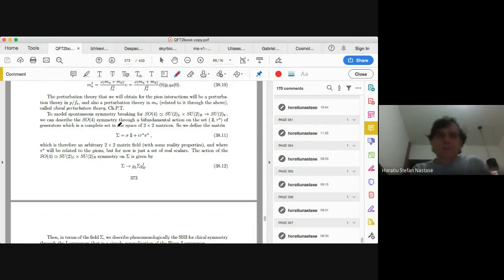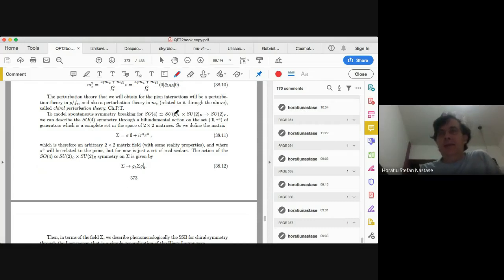Okay, so to model spontaneous symmetry breaking for this SU2 left cross SU2 right going into SU2 vector, where incidentally SU2 is isomorphic to SO3 modulo Z2, in terms of generators it is isomorphic.